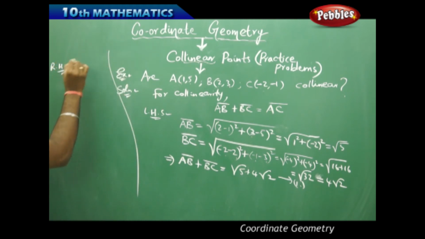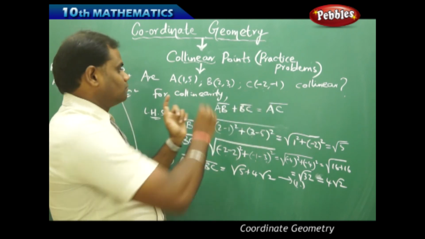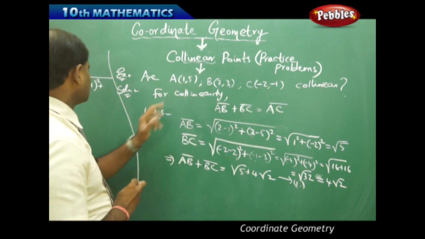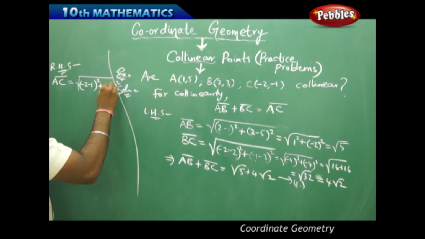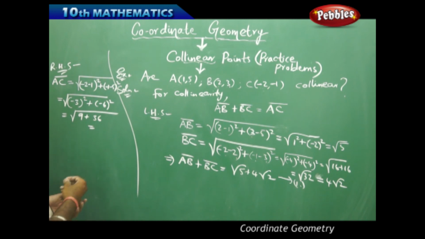My right hand side, AC, is calculated by taking this as x1, y1 and this as x2, y2 between A and C. Using the distance formula, I get the root of (x2 minus x1) whole square plus (y2 minus y1) whole square, which is -3 whole square plus -6 whole square, giving 9 plus 36, which is root 45. This comes out to be 3 root 5 for AC.